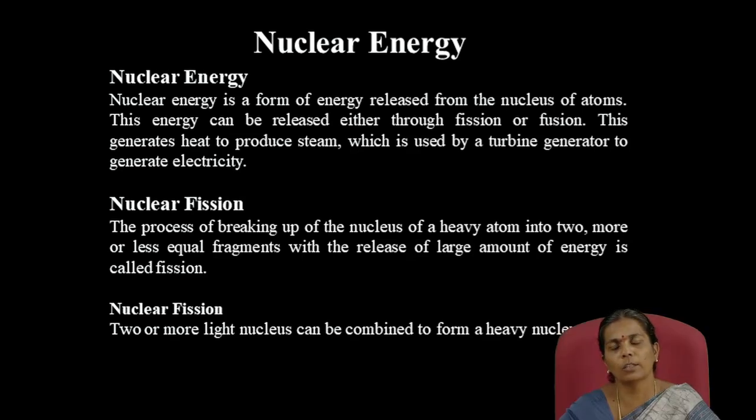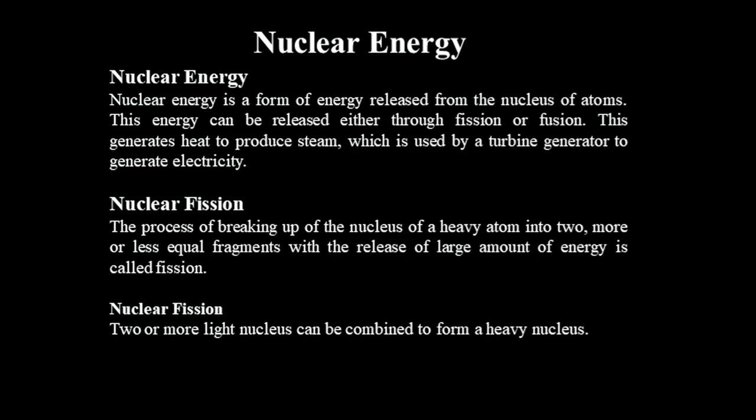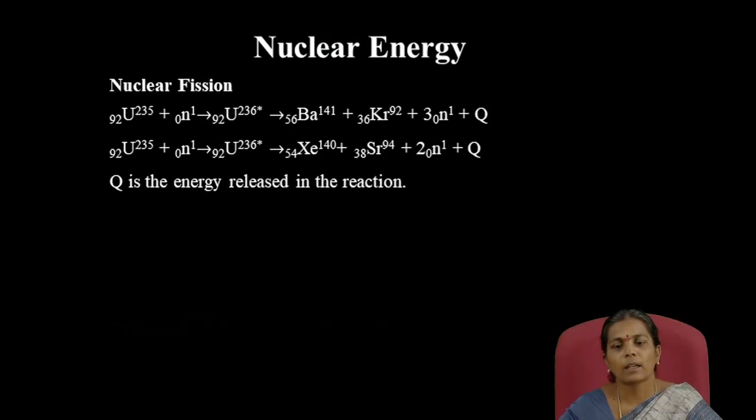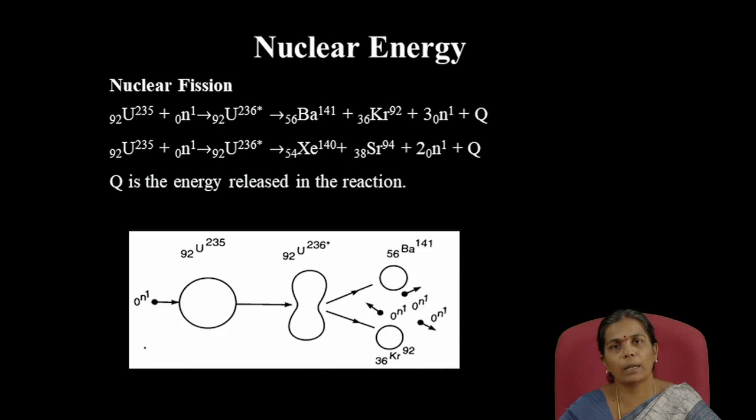Nuclear fission means a heavy nucleus is broken into two or more lighter nuclei. In this process a large amount of energy will be liberated. Nuclear fusion means two or more light nuclei are combined to form a heavy nucleus. This is the pictorial representation of the nuclear fission process.